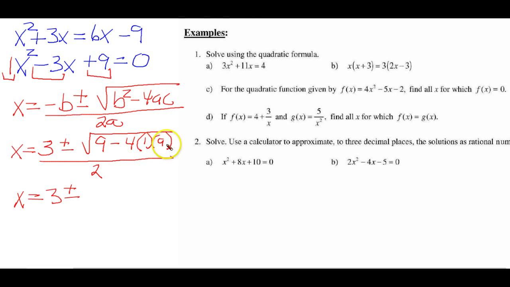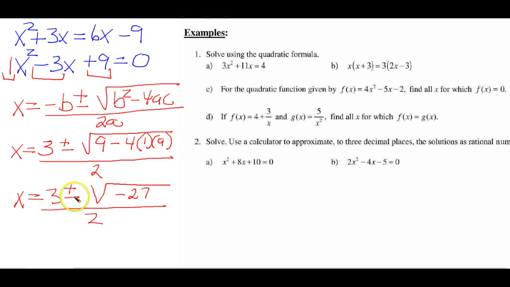So a negative 36 and a positive 9 gives us the square root of a negative 27. And that is all over 2.